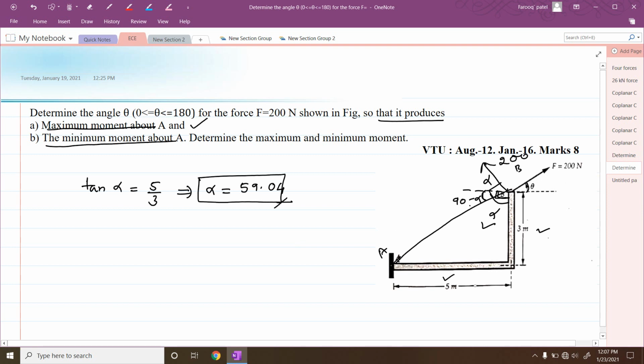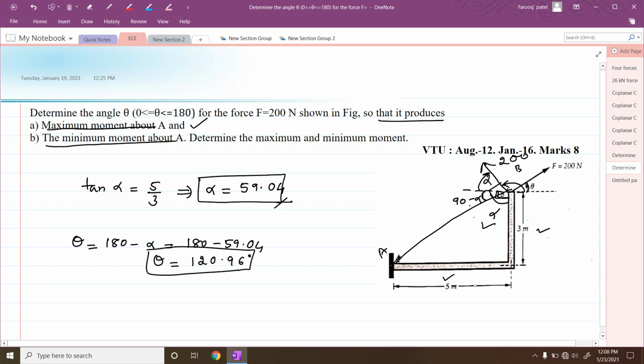Theta will be equal to 180 minus alpha, that is 180 minus 59.04, which equals 120.96 degrees. So this force has to be inclined at an angle of 120.96 degrees from this face, or from here it has to be inclined at an angle of 59.04 degrees.